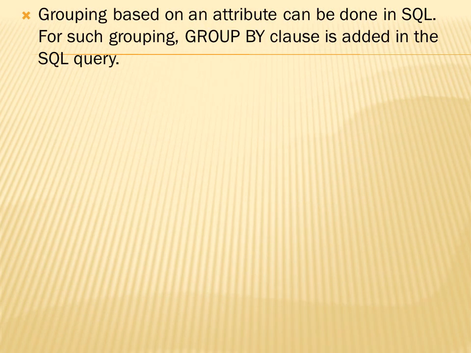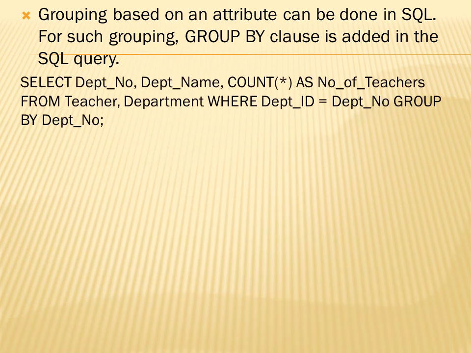Next is the grouping based on the group by clause. The group by clause is used to group the attributes based on the various values. You can see here: select department number, the department name, and the count as number of teachers from the teacher table, because all the number of teachers you can get from the teacher table, and the department name and number you will get from the department table.